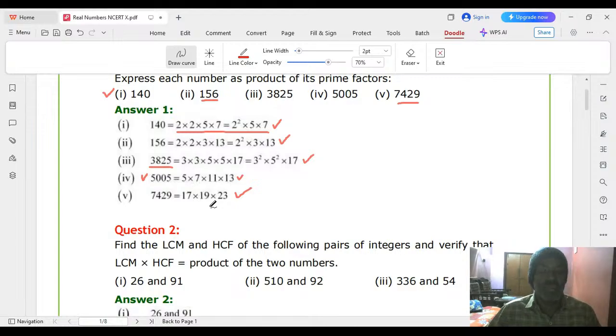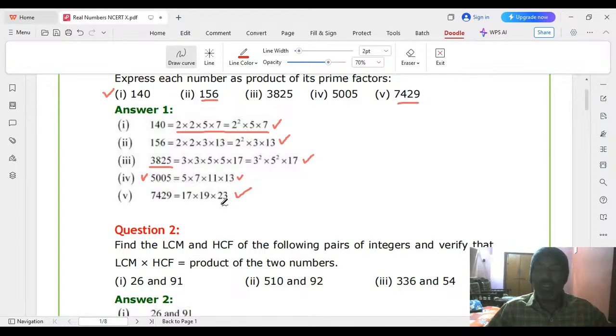So if we consider 17, then it is greater than 1, so it fulfills the first condition of a prime number, and it is also divisible by 1 and 17 only, so it also fulfills the second condition. So 17 is a prime number, 19 is also a prime number, 23 is also a prime number.